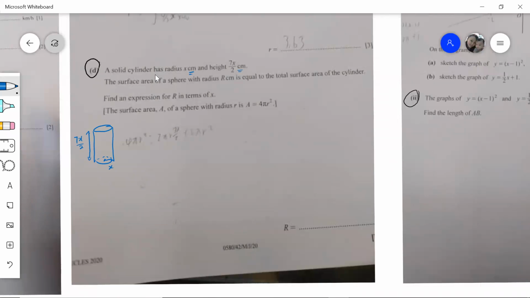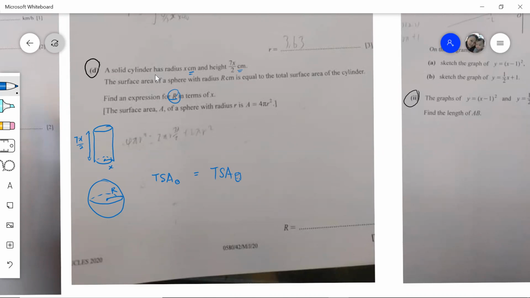The surface area of a sphere, so we've got another sphere, with radius R, is equal to the total surface area of the cylinder. Total surface area of sphere is the same as total surface area of our cylinder. So we have to express R and make R the subject.